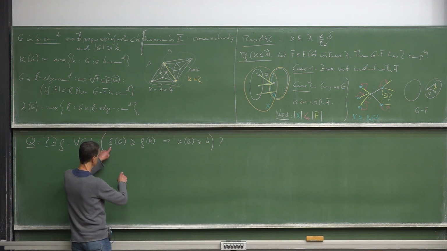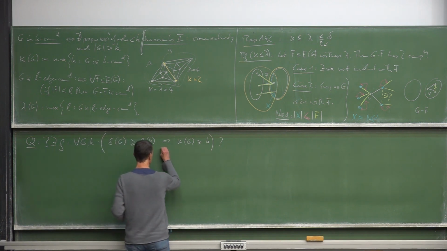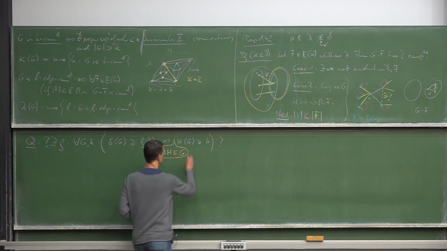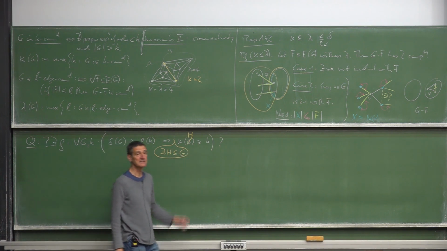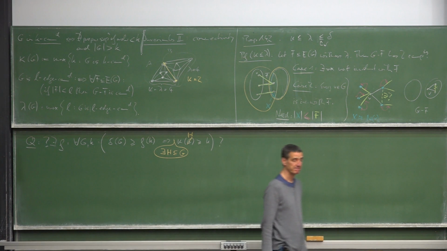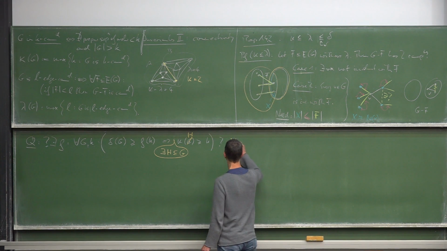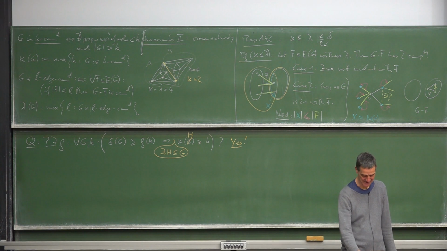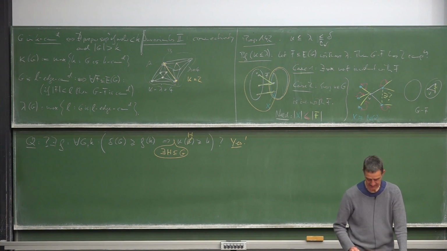Is there a function such that if the min degree of G is at least f of k, then there exists a subgraph of G such that the connectivity of that subgraph is at least k? Yes, there is. And that's the next theorem.